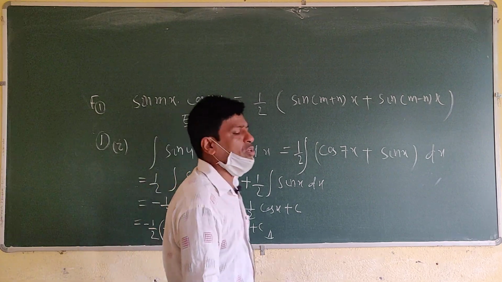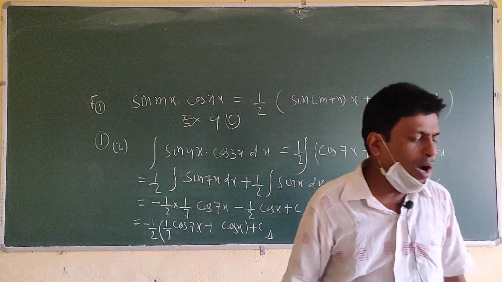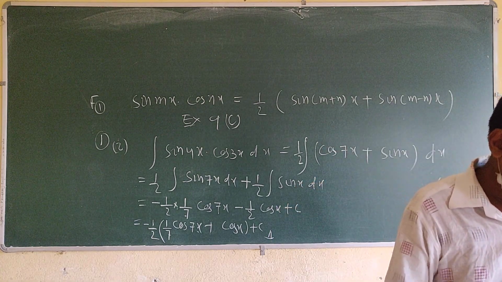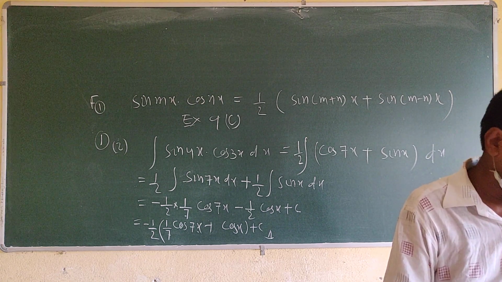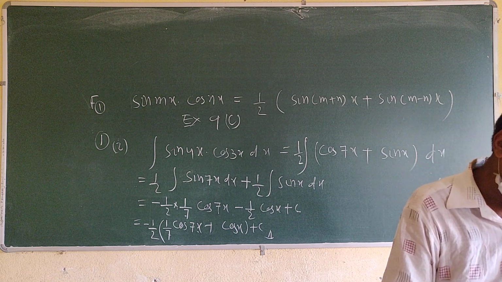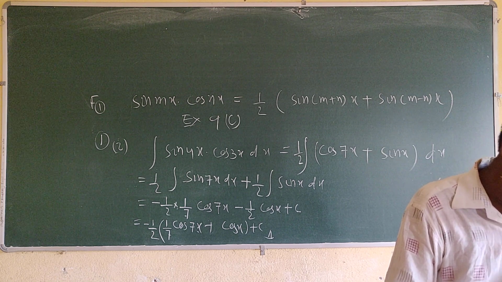So that is exercise 9c number 1 part i. You can also do number 2 part i, cos 3x and cos 2x, using formula 2, part iii also using formula 1, and part iv using formula 3.